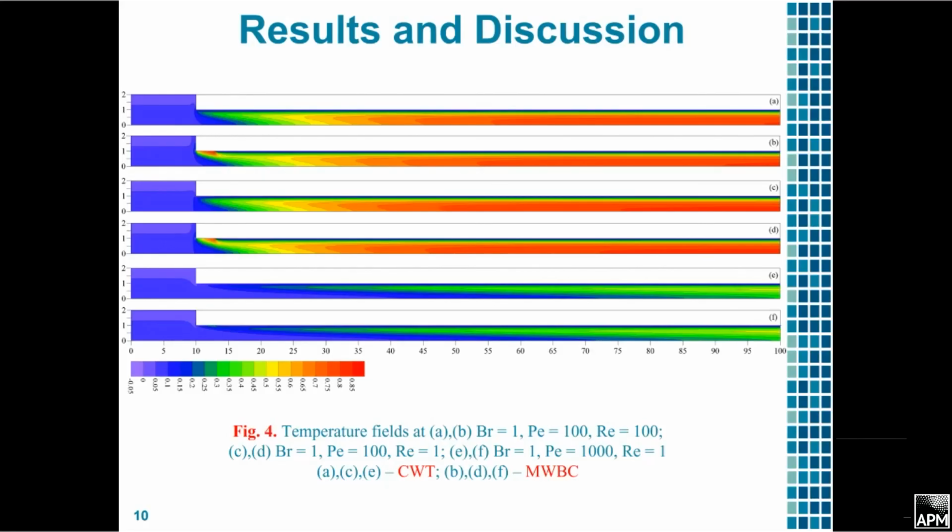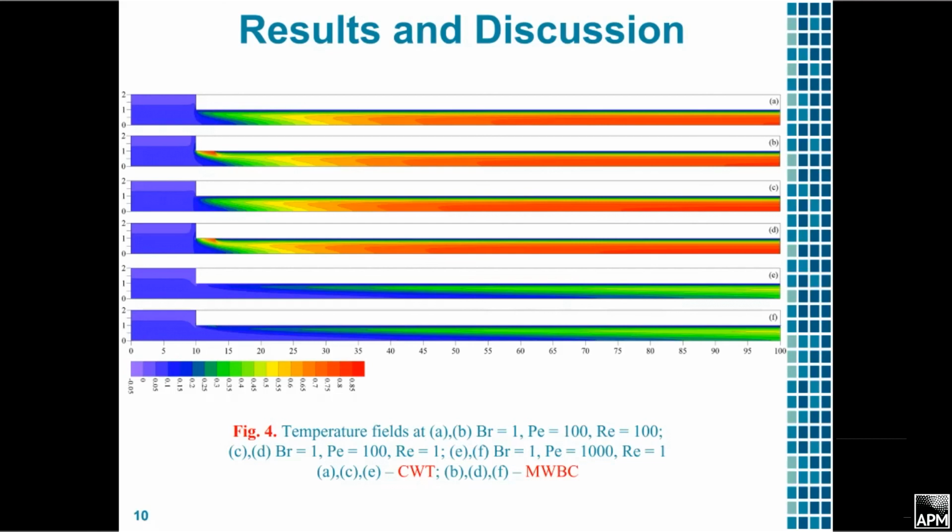The next are the temperature distributions for various sets of parameters. Considering the first four cases, we can say that an increase in the Reynolds number does not significantly affect the temperature contours. But if we consider the last four cases, an increase in the Peclet number affects the temperature contours significantly.